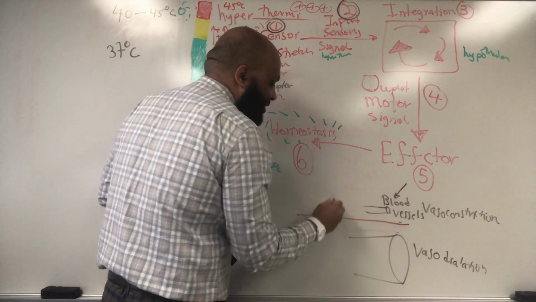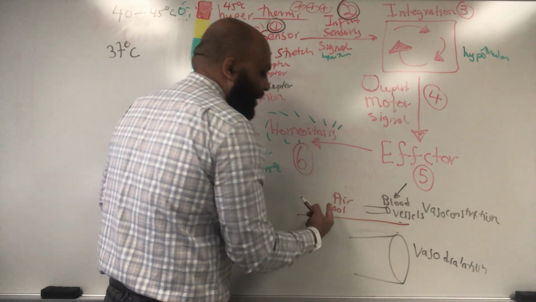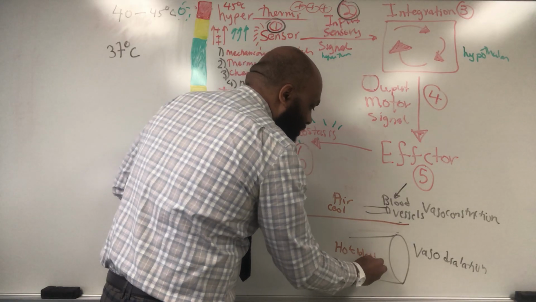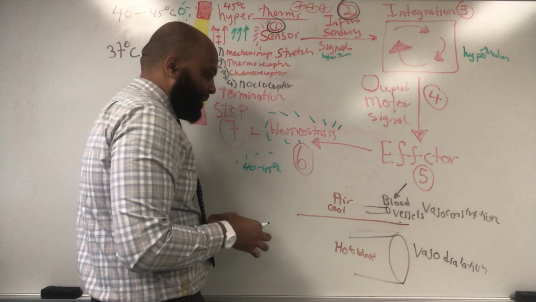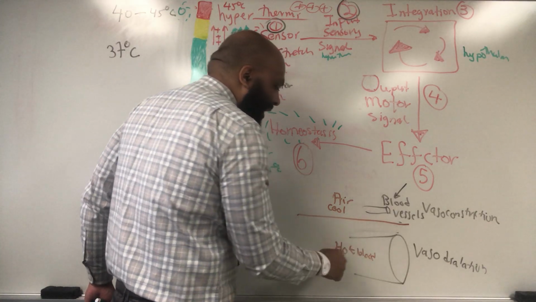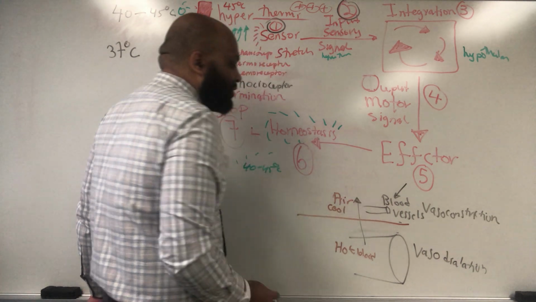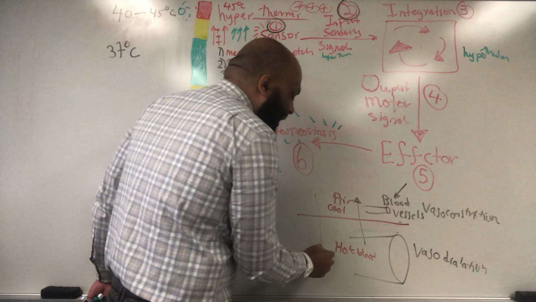Above your skin, what's there? Air. So air is cooler, cool air. But your blood is hot blood. So what's going to happen? Do you think the hot temperature is going to move from slab A, which is your blood, into the cool air? Or from the cool air into your hot blood?